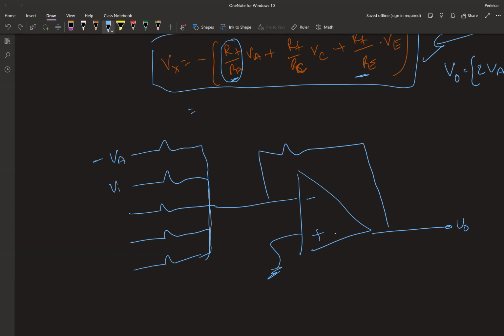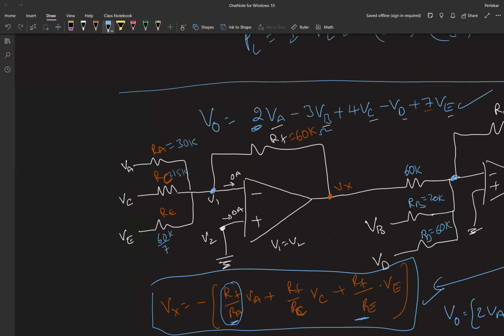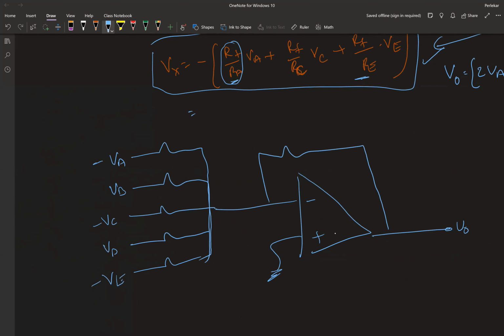VA, VB, negative VC, VD, negative VE. Whichever has a positive value here, I chose them as negative, because it's an inverting amplifier, so it will invert and give you the positive value.